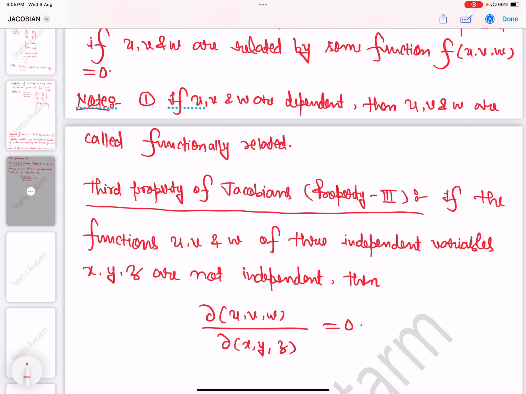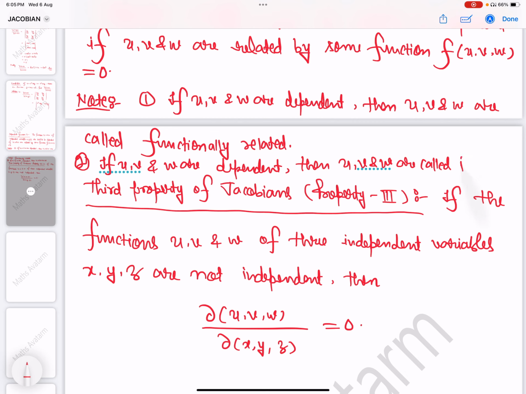Second, if u, v, and w are dependent, then they are called not independent.